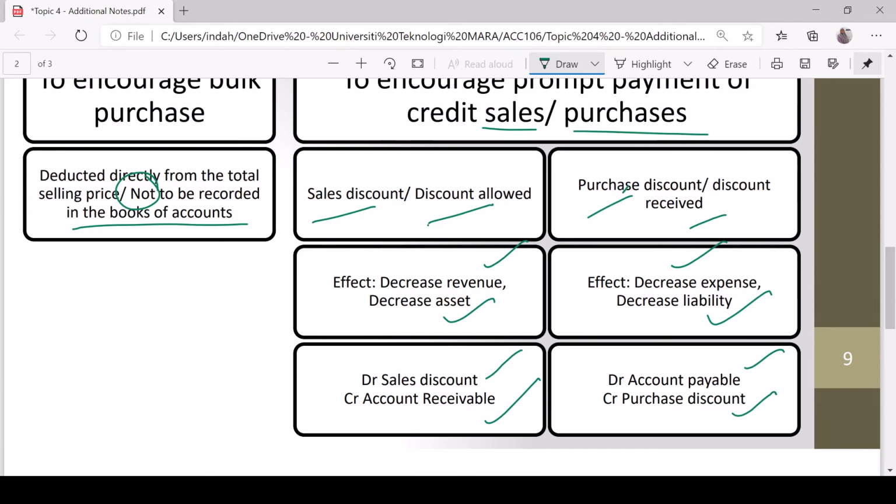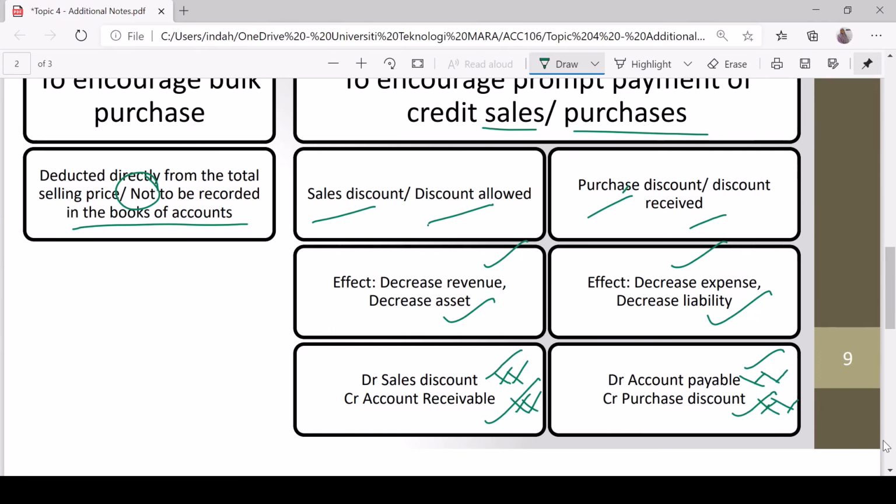For sales discount, you debit sales discount and credit account receivable, showing the amount of discount. This is to record the amount of discount that you receive or that you allow to your customer.